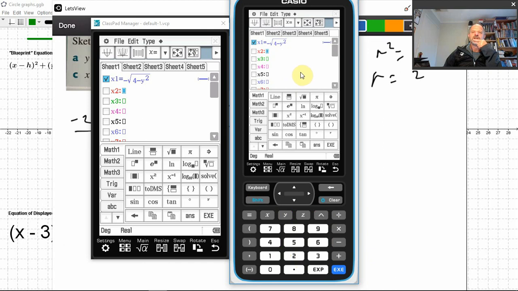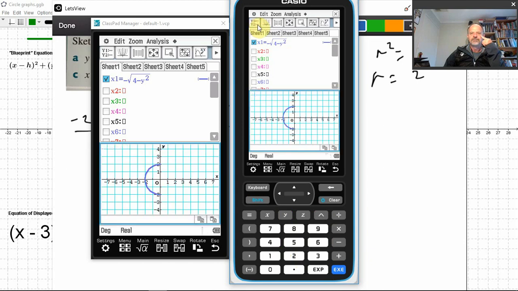All right, so before I graph it, what do we think that might look like? There you go, look at that, sideways parabola. So I've got the y squared in there, sideways parabola, sideways half circle. All right, so if the y's underneath, it's going to be this way.